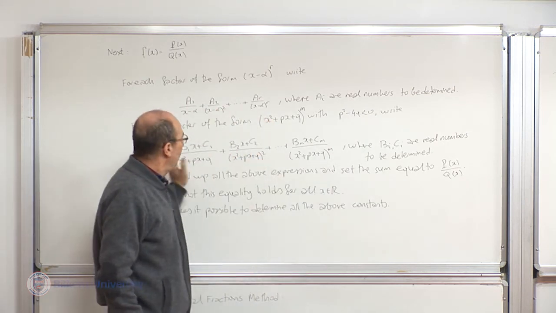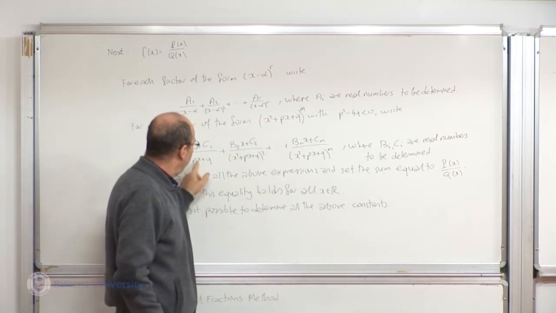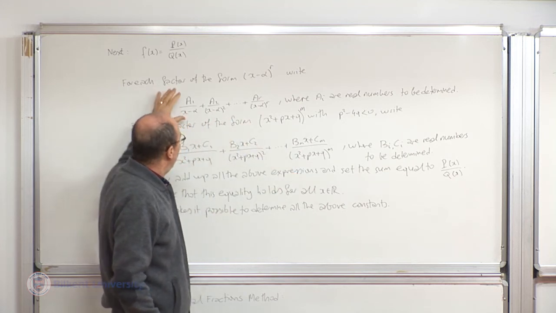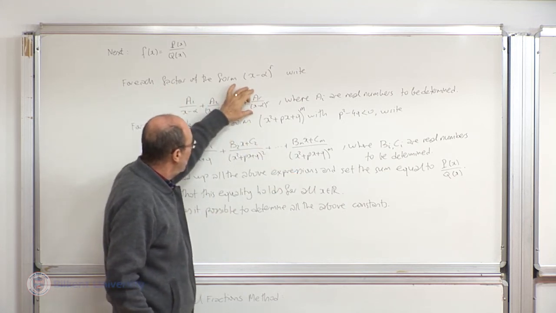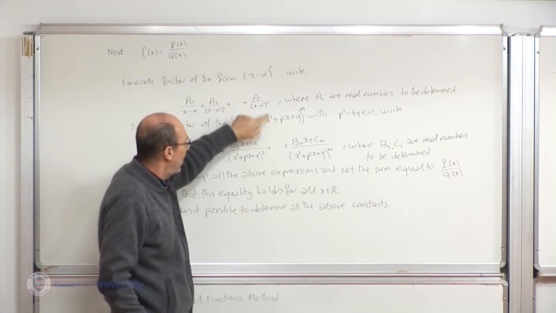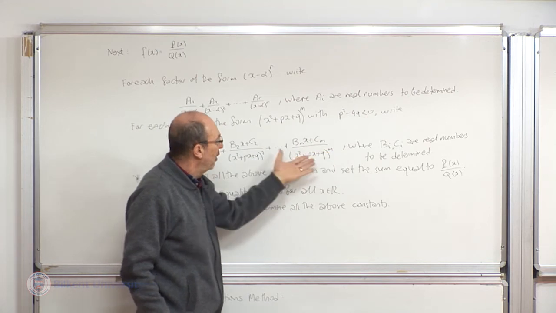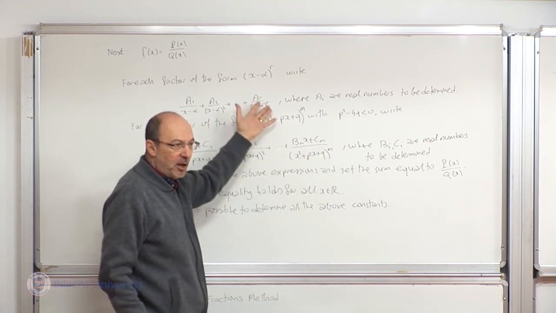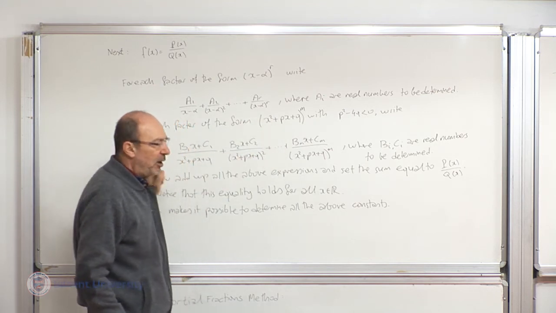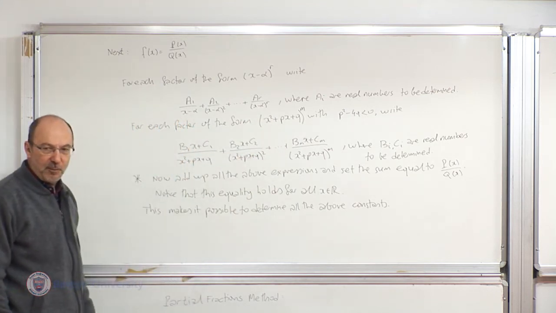Okay, so in order to sum these up, I have to bring these things up to this power. And then I have to bring these things up to this power. So I have a polynomial divided by x minus alpha to the r, this to the power m. Now, in order to bring them to the same denominator, I have to multiply these things. So eventually, in the denominator, I obtain q of x.